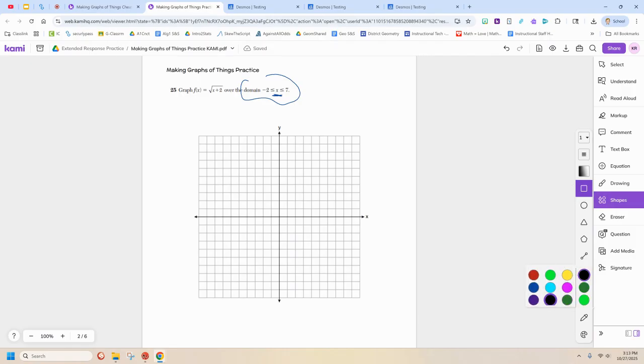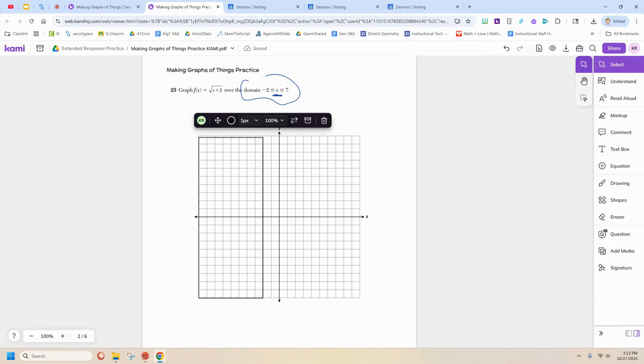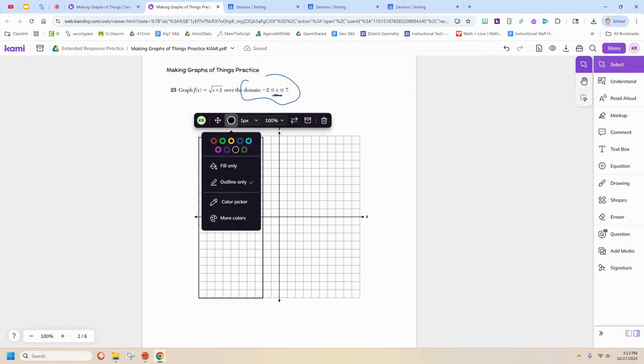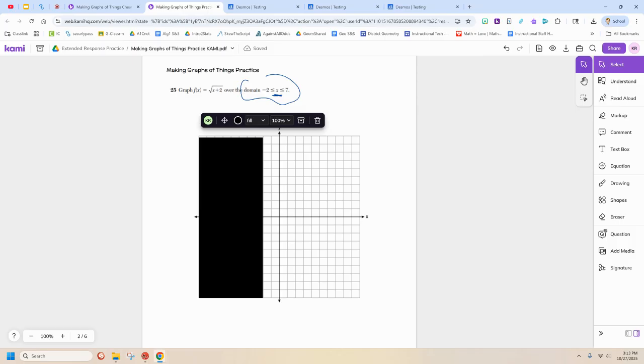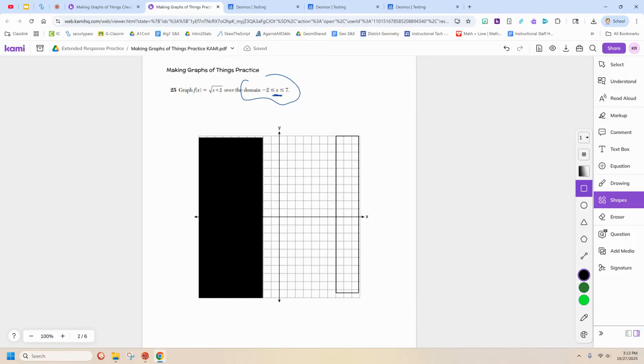If they want you to start your graph at -2, I'm going to go here like this, and I want to select that guy and make it solid. So there will be no graph over there, and I'm going to make another rectangle all the way over to 7. Okay, so that means right here.